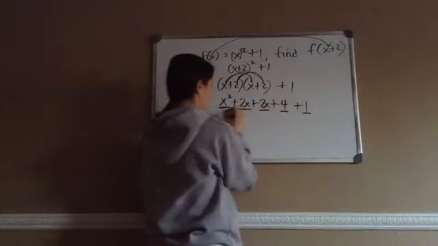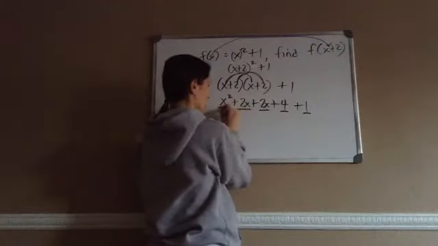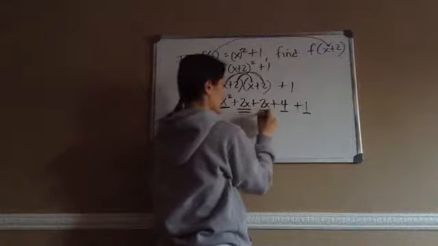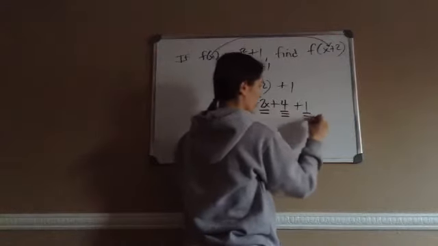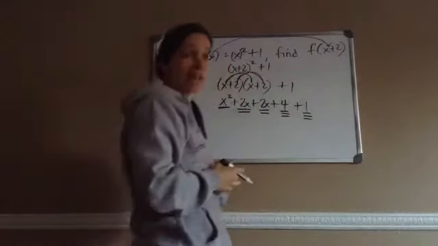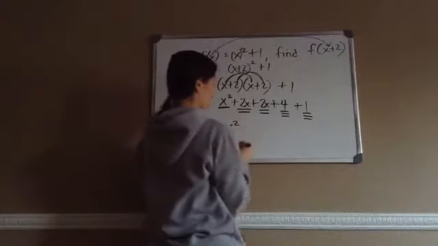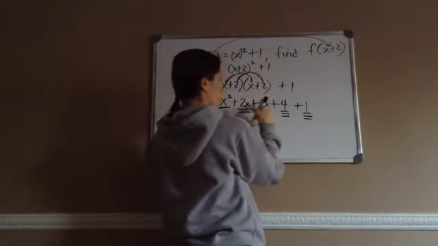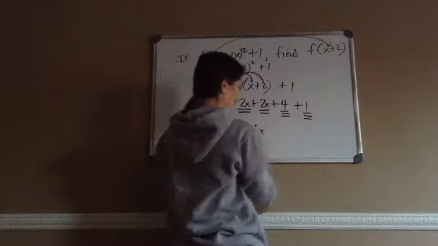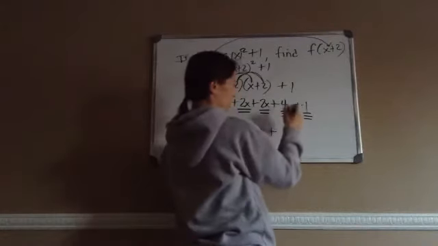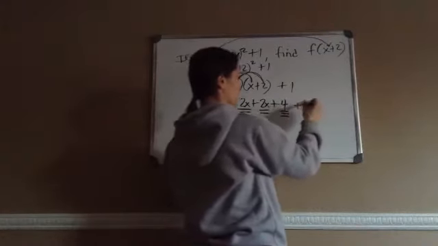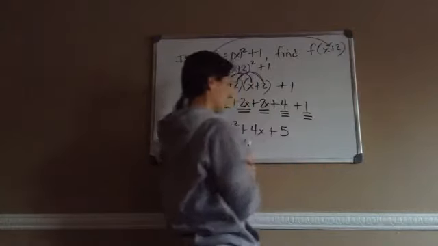So I'm going to put all the x squareds with 1 line, all the x's 2 lines, and all the numbers 3 lines. And now you're adding like terms. So x squared just comes down. 2 dogs plus 2 dogs makes 4 dogs. Plus 4 elephants plus 1 elephant makes 5.